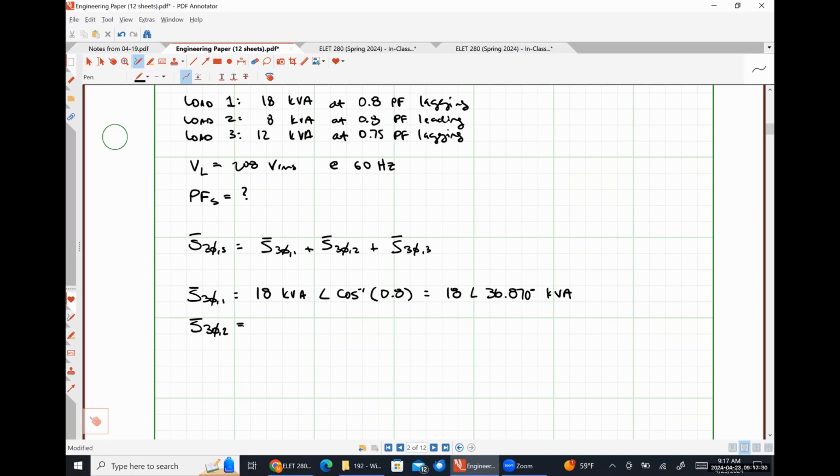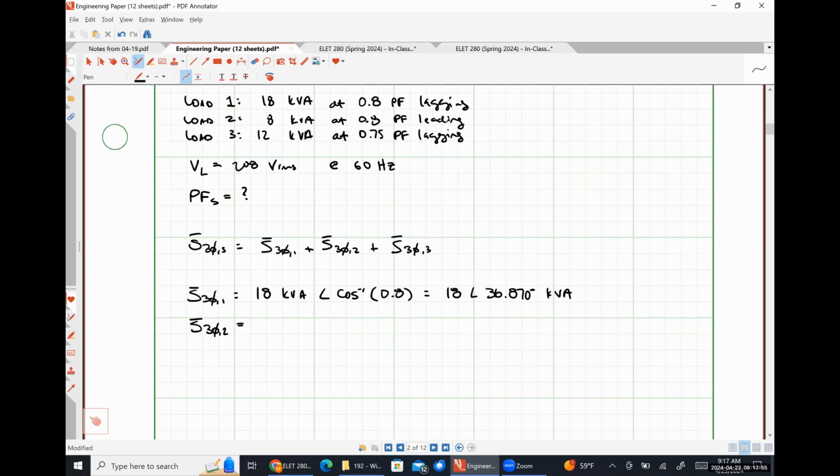What are we going to do for load 2? Effectively the same thing. However, we need to pay attention because our power factor for this one is leading. So how do we incorporate that piece of information into our mathematical expression? We put a negative sign in front of the inverse cosine to force that angle to be negative, right?